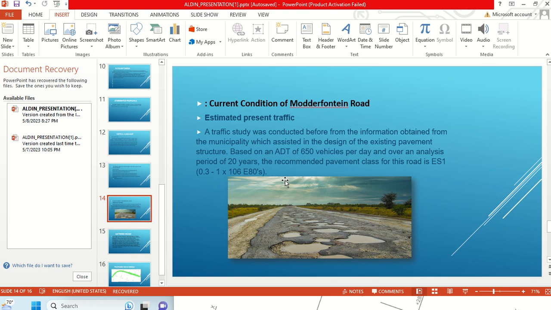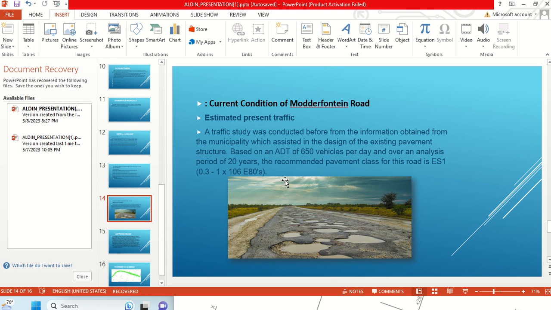And this is the current condition of Fontein Road. Before everything was conducted, we had to look at the condition of the road, which I doubt had layer works before.